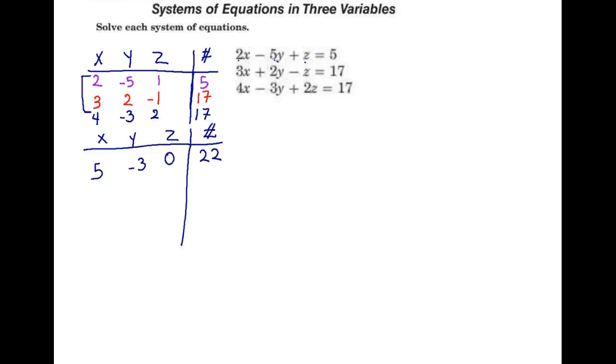Okay, so let's look at each column again. Can we find any numbers that are equal but opposite signs? Well, the answer is no. I eliminated z in the first equation because it has a 0, so I need to play with the z. I want them to be equal but opposite signs.